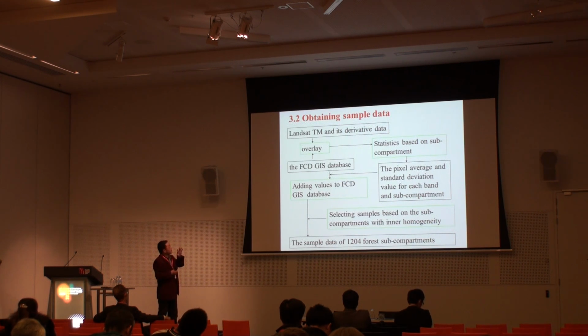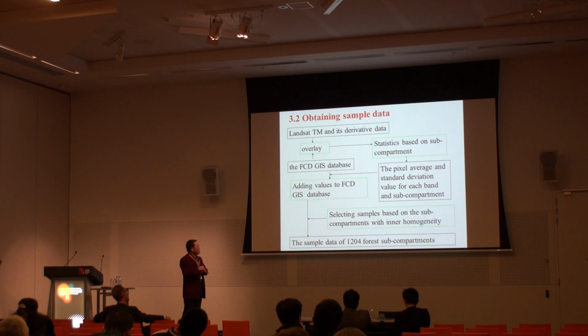We use Landsat TM and its derivative data, overlay with the GIS database, and do statistics based on subcompartment. The subcompartment is a unit. We compute the pixel average and the standard deviation value for each band and for each subcompartment.